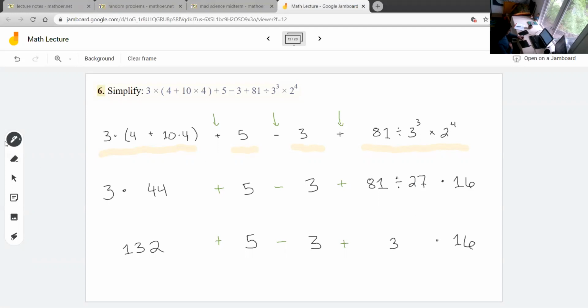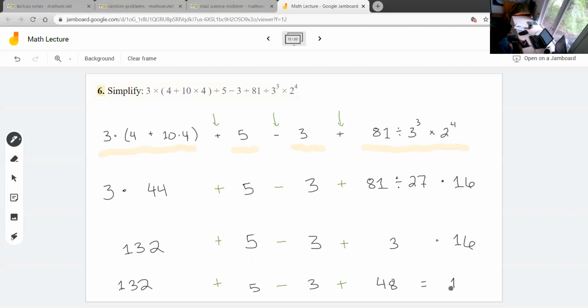So I need another row. Three 16s would be 48. And all of that together is 132 and 48. The 2 and the 8 will go together nicely, so I'll get 180. And then add 5 and take away 3.